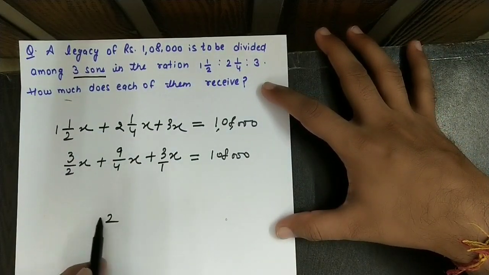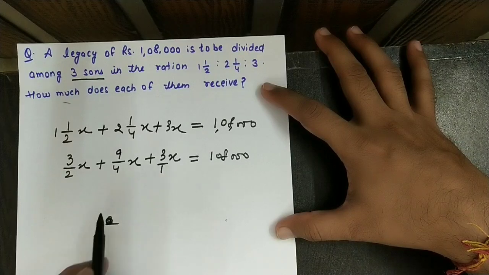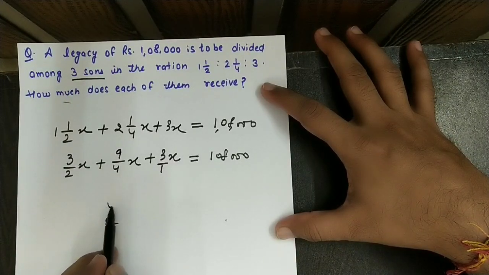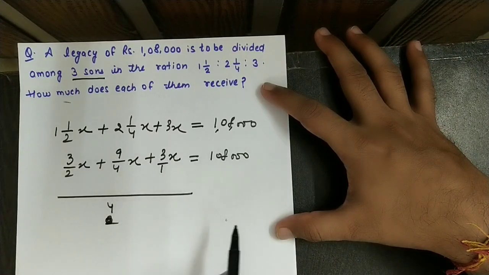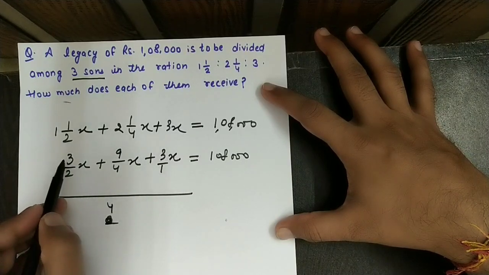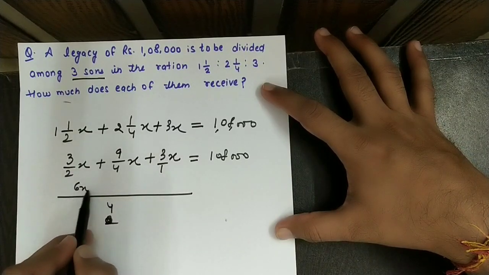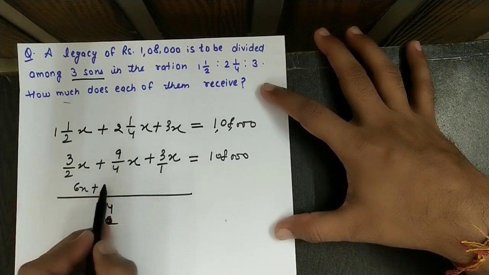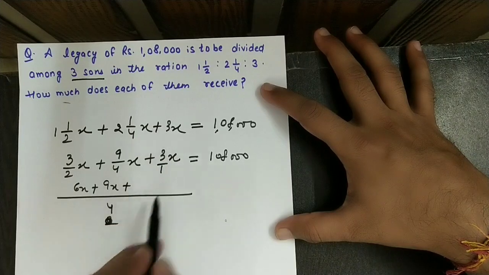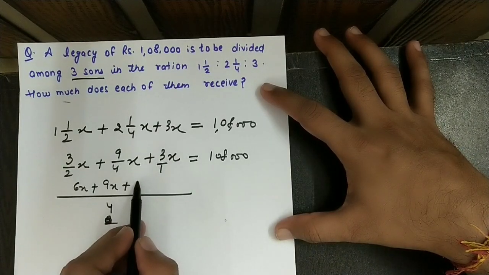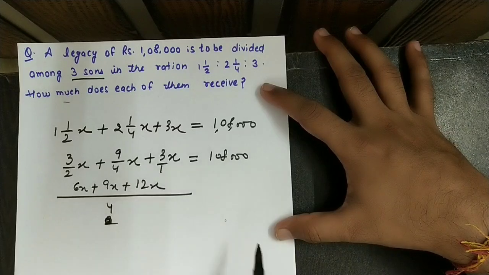Now take the LCM. The LCM of 2, 4 and 1 will be 4. 2 twos are 4, 2 threes are 6. 4 ones are 4 and 1 into 9, 9x. 4 into 3, 12.